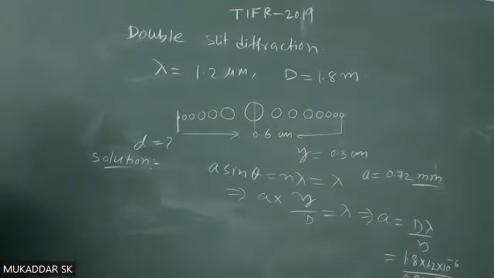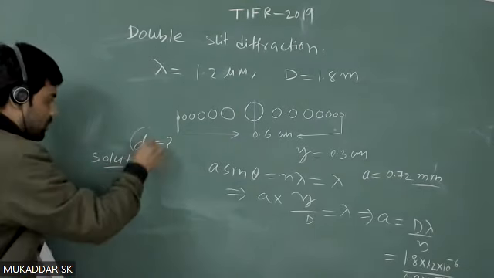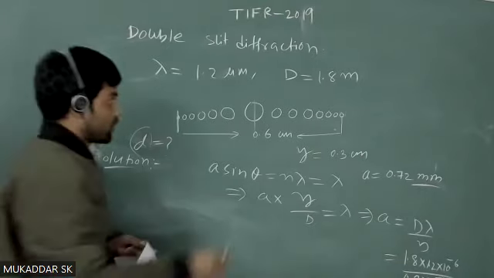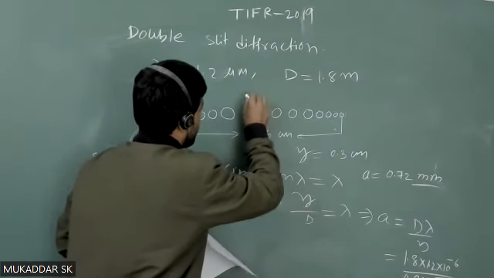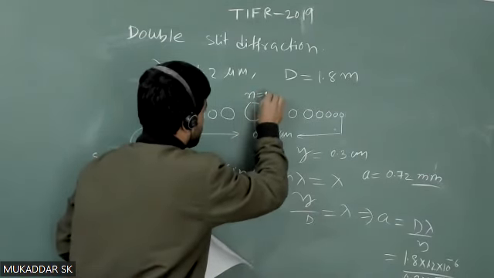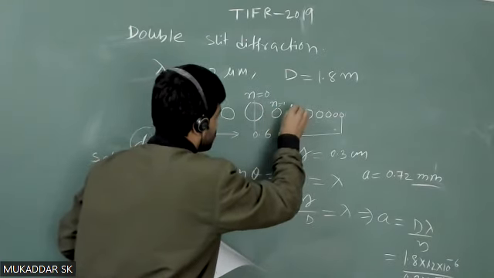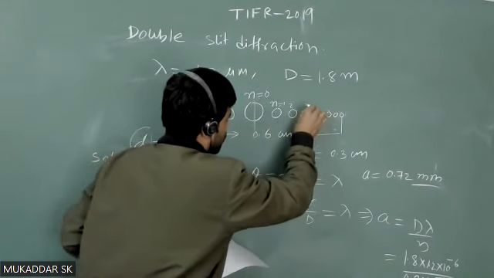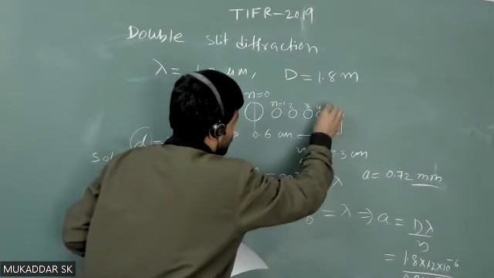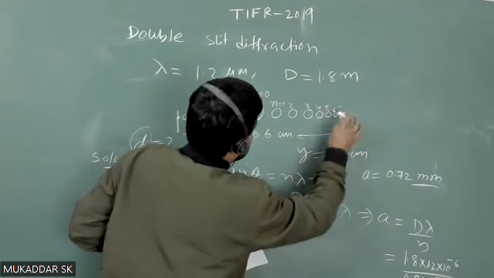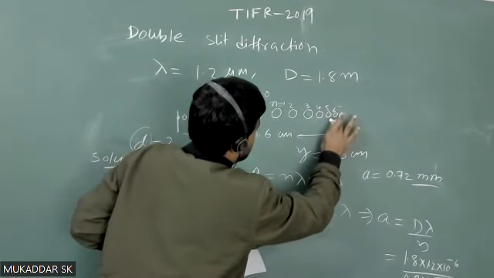But we have to calculate the slit separation d. To calculate this, we'll use the concept of missing order. Now we can notice this is the central bright, and for that n is 0. This is the first order, n equals 1, second order, n equals 2, third order, fourth order, fifth order, sixth order, and then the seventh order was missing in that question.